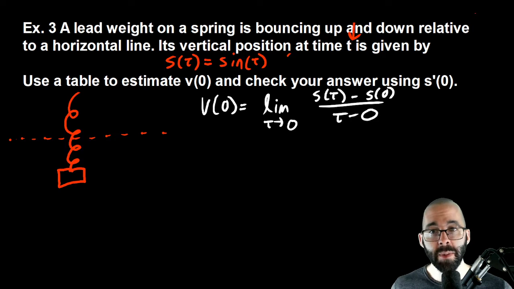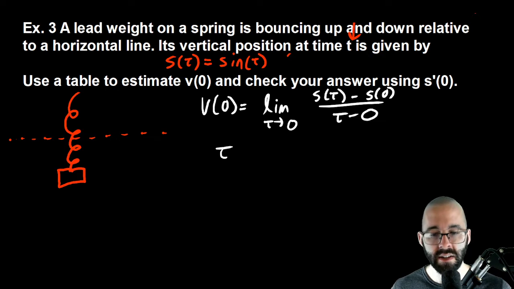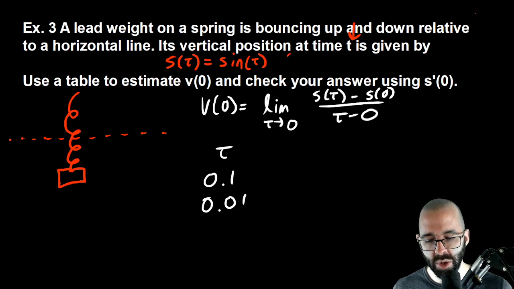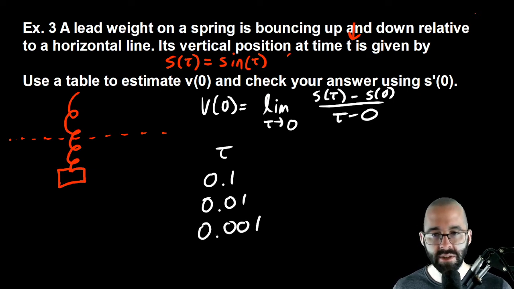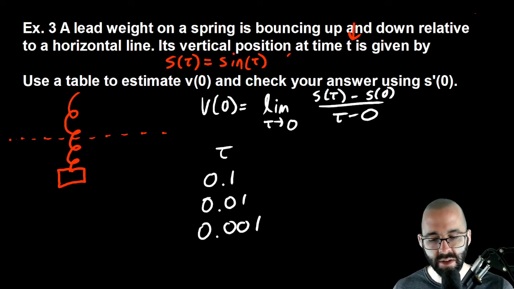Now we're going to estimate this limit with a table. And we've done this a little bit before. So let's look at different values of t, and let's have these values of t approach 0. So maybe 0.1, 0.01, 0.001. These are very small values of t. They're close to 0, and they're getting close to 0.